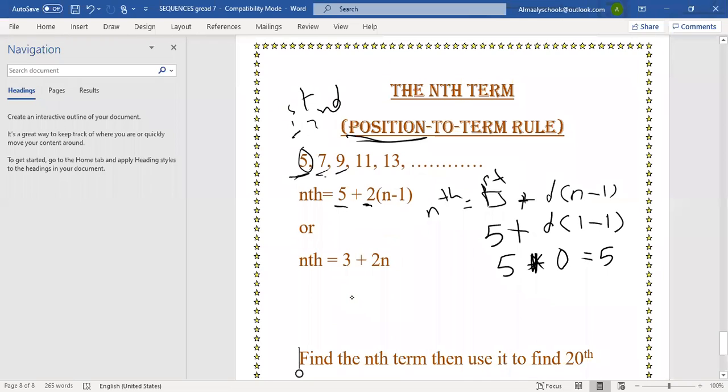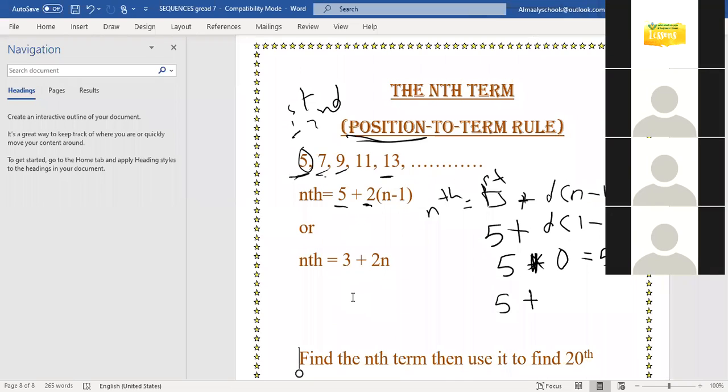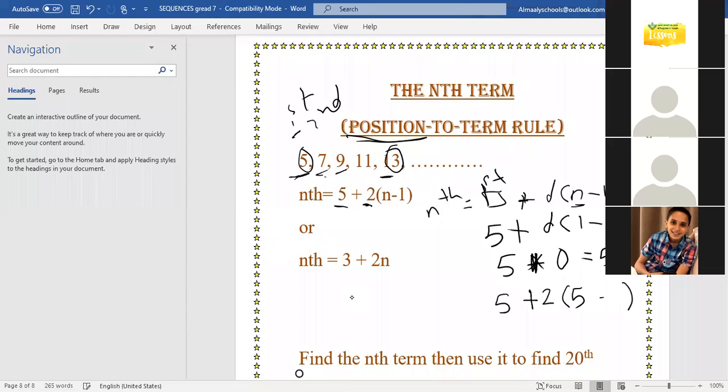What about the fifth term? Let's check it. It will be 5 plus 2 multiply n minus 1. The constant difference is 2. n is what? n here is 5. n is 5, it will be 5 minus 1.